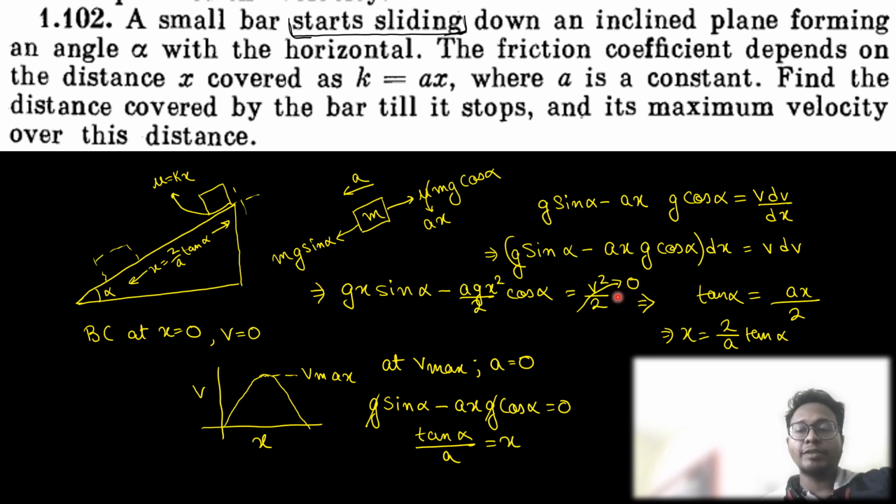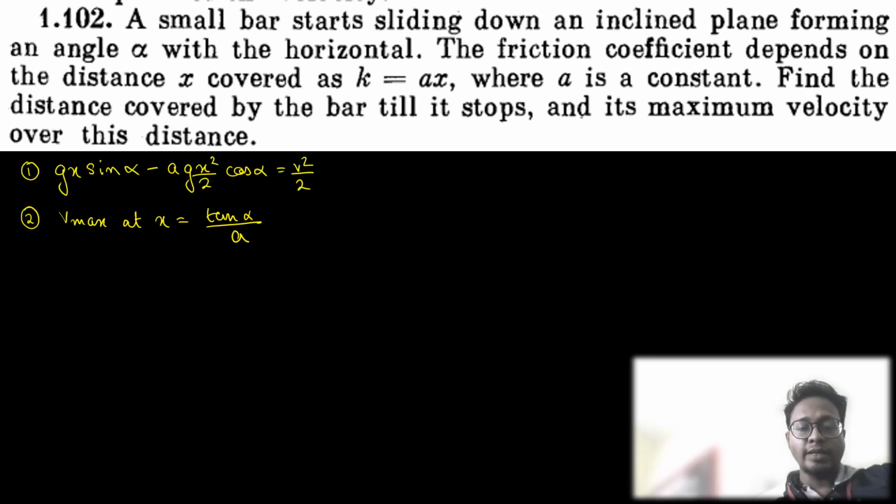So this is the equation for velocity, no? This equation I got is the equation of velocity as a function of x. If I input the value of x here, I get the maximum value of velocity. We get the maximum velocity at x equal to tan alpha by a.